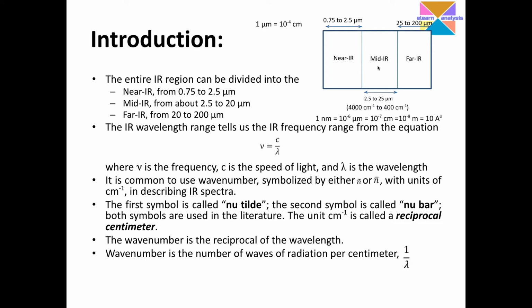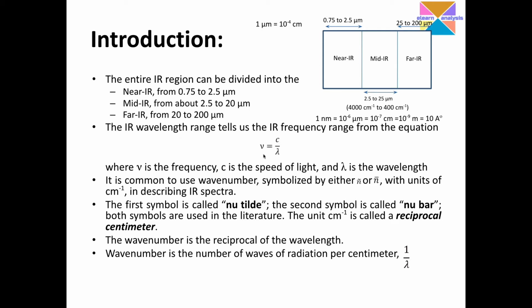In the next slide, I have a chart where I have tried to show what these three regions are more applicable for, and as a chemist, which region is more useful to us. So the IR wavelength range tells us the IR frequency range from this equation.